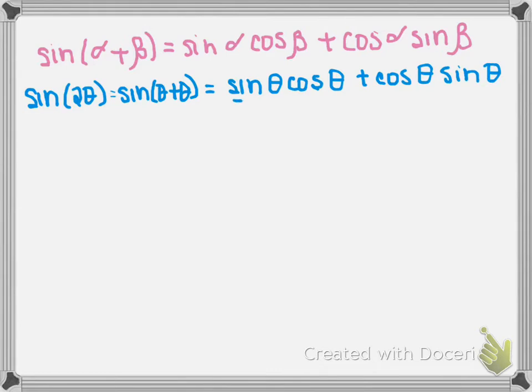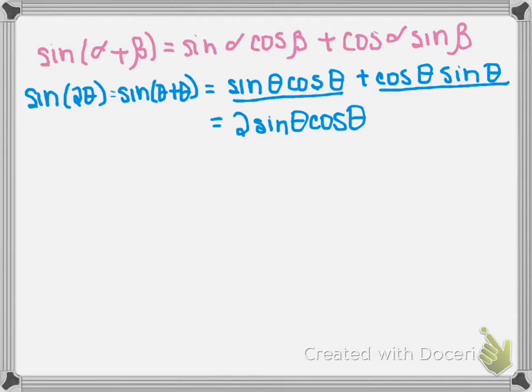Now, these are connected by multiplication here, and they're connected by multiplication here, and we know that's commutative, so essentially that's the same thing. I have one sine theta cosine theta, and I have another sine theta cosine theta, so I have 2 sine theta cosine theta. And if you look, that's your first double angle formula with sine.